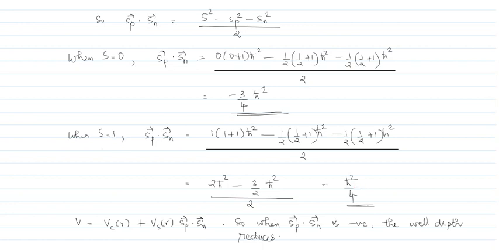When this term is negative, the depth of the potential well reduces, and when this term is positive, the depth of the well increases.